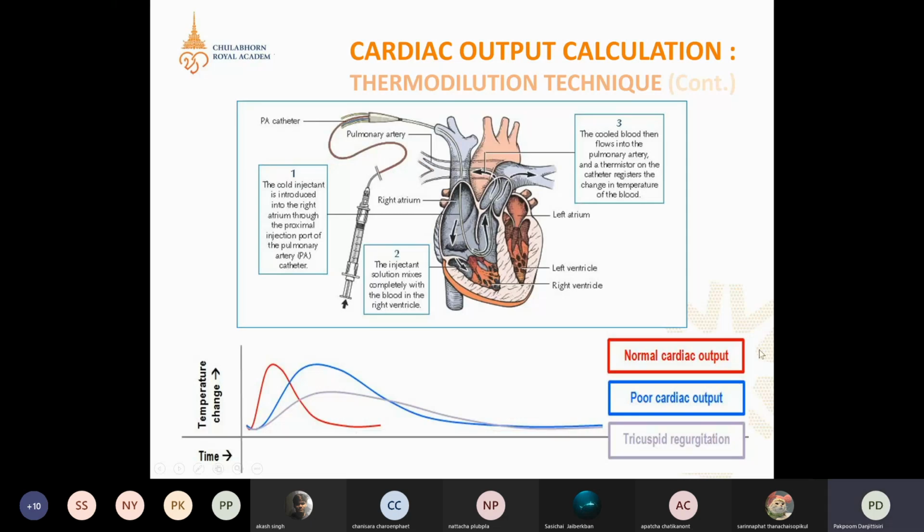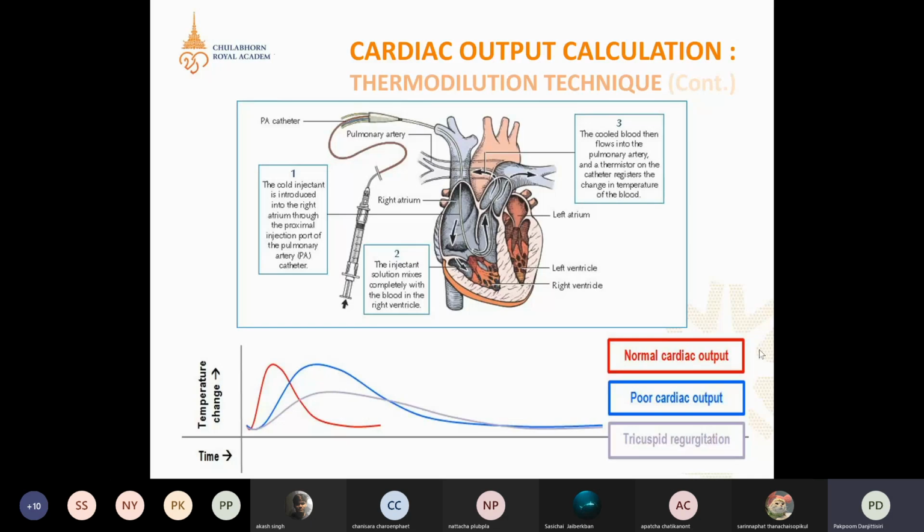I searched something about the poor cardiac output, the impact on the thermodilution technique. After I reviewed that, I got the answer that if we do the thermal dilution technique in poor cardiac output, the result will cause an overestimation of the cardiac output because the RV function is not good.